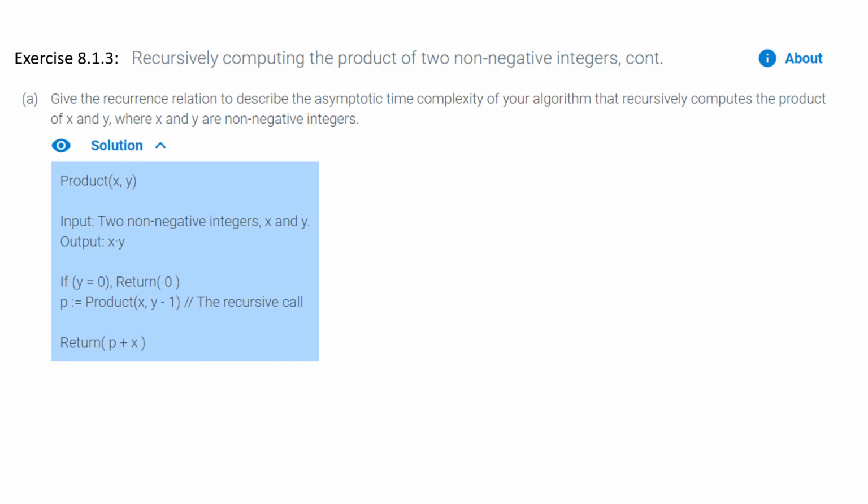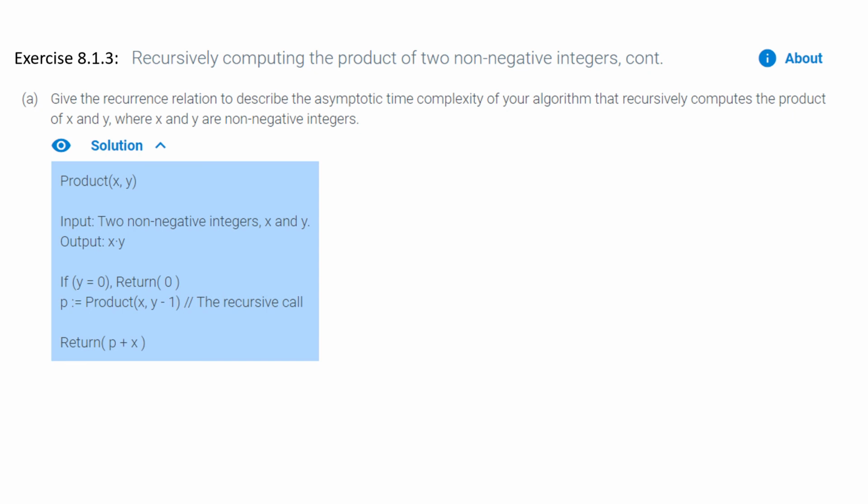Then there's also some examples in the additional exercises where you're given a recursive algorithm and you're supposed to come up with the recurrence relation that would describe the time complexity. So these are also some problems that would be good for you to look over. And again, I have those solutions opened up.